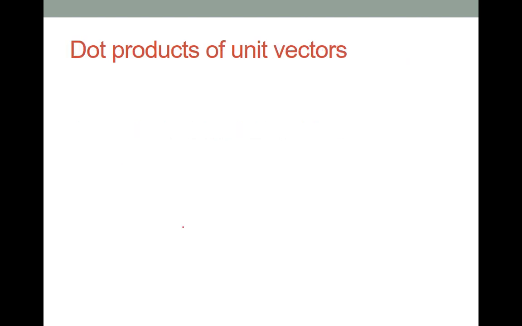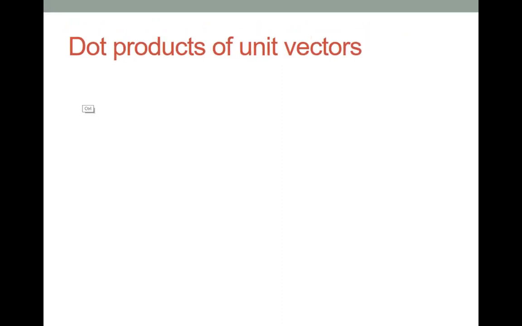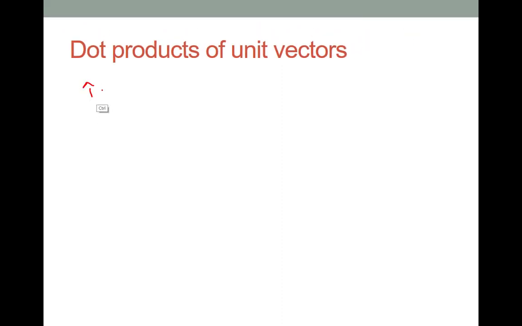Properties of dot products for unit vectors. If you take a dot product of any unit vector with itself, you get 1, indicating that they are perfectly parallel to each other.